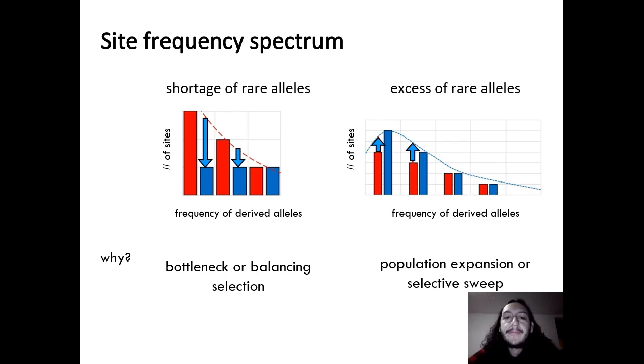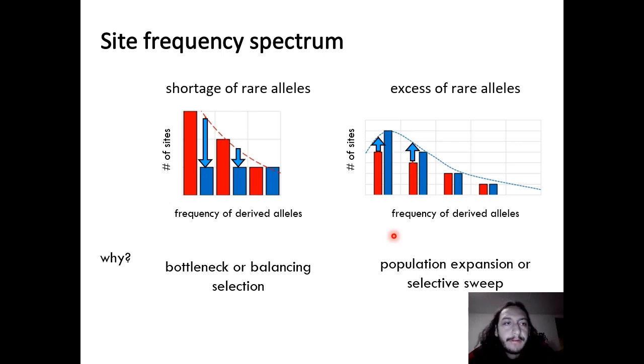Then, when you have an excess of rare alleles, which is basically the other side of this pattern, you are probably experiencing a population expansion or selective sweep. And what does this mean? If the population is expanding, there are a lot of recent reproductive events.